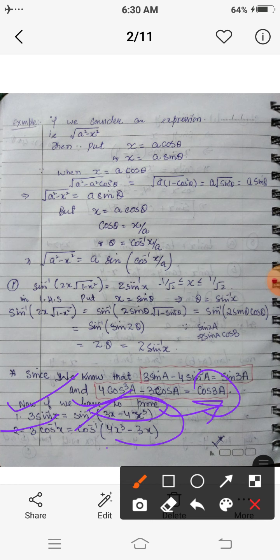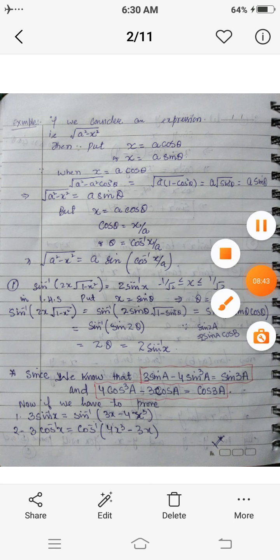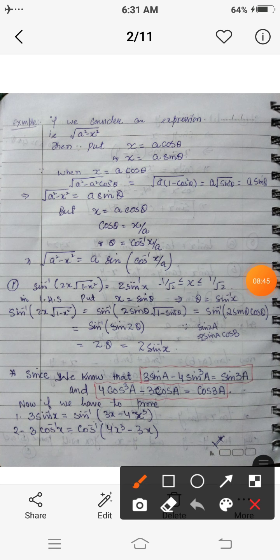In the first, theta is sine inverse x, that is 3 sine inverse x, and in the second, theta is cos inverse x, that is thrice cos inverse x. So in this way, by substitution we can prove that thrice sine inverse x is sine inverse of 3x minus 4x cube, and thrice cos inverse x is cos inverse of 4x cube minus 3x.